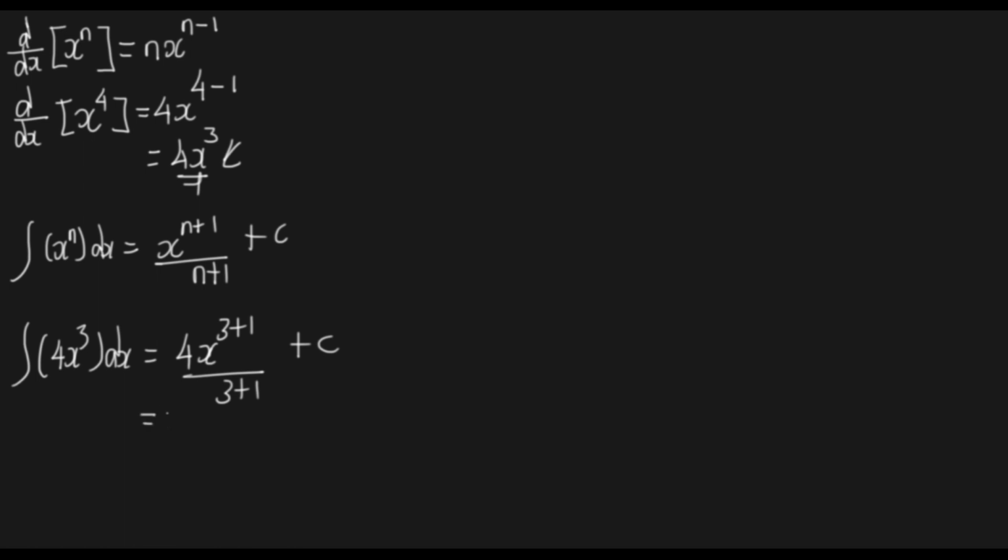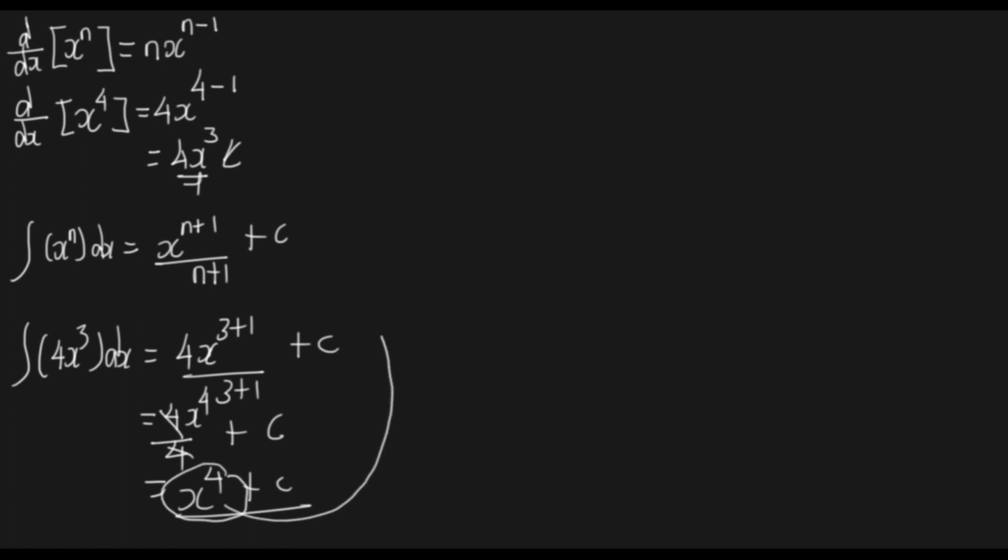So we have 4x to the power 4 over 4, plus c, which gives x to the power 4 plus c. So we are able to get the function that was differentiated before. This is the part of calculus that we are dealing with.